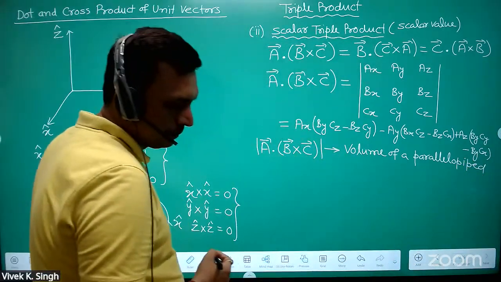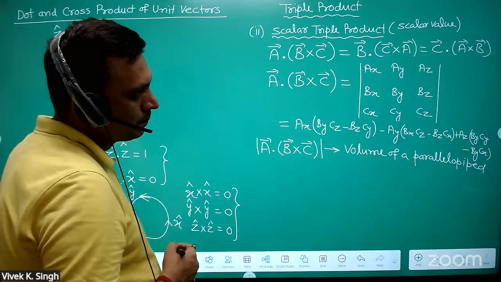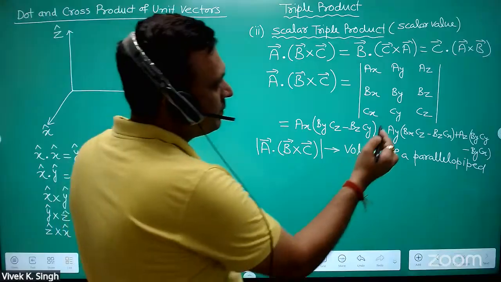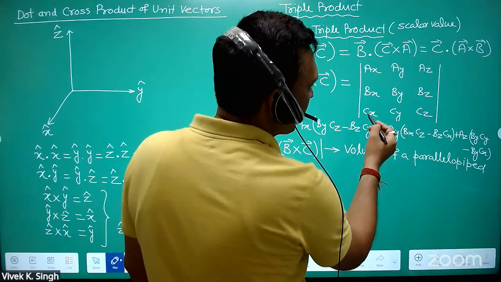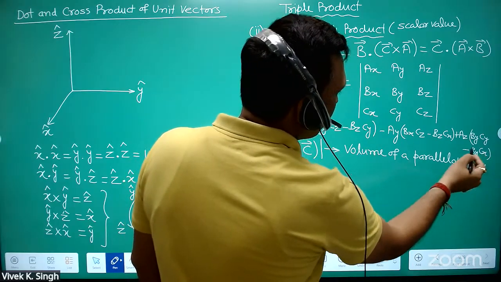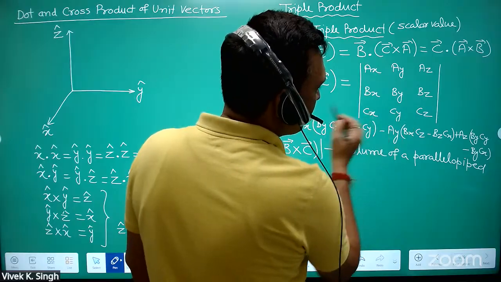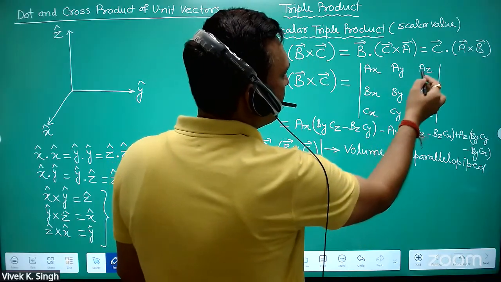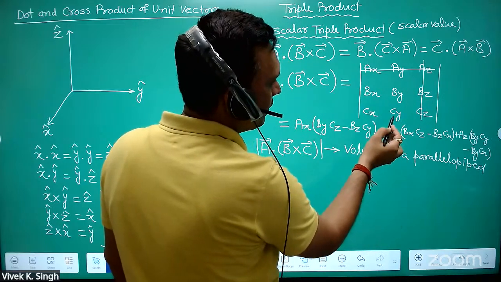Yes, sir, in the last term, AZ into BXCY minus BYCX. How will you get it? Just delete this row and then cross multiply.